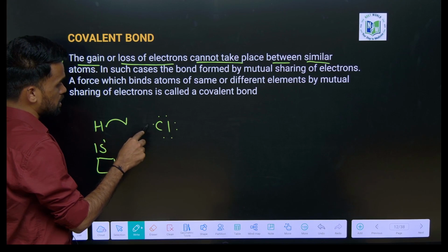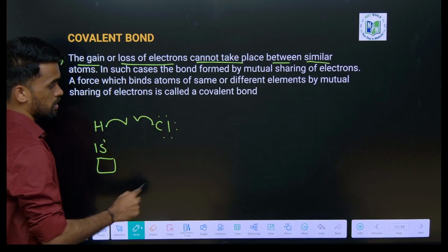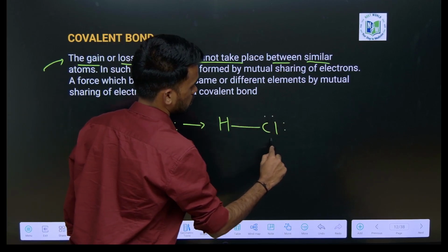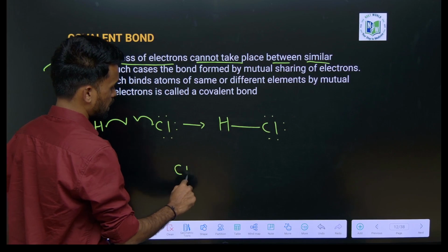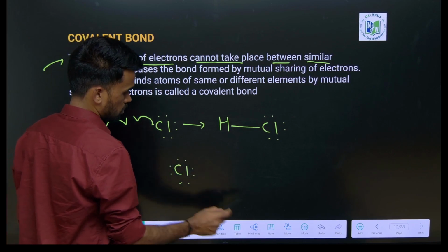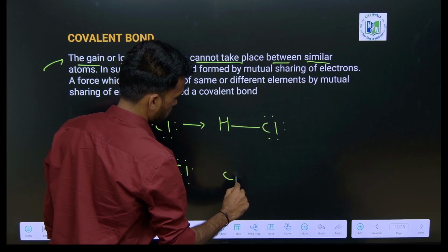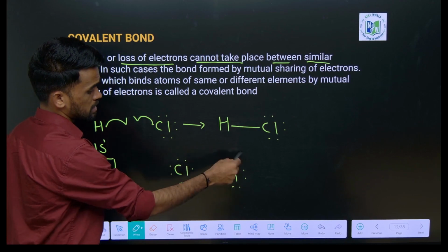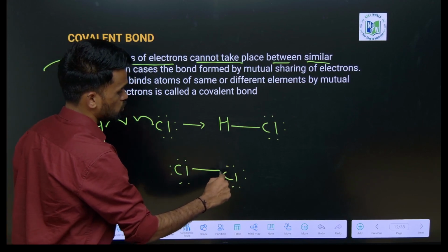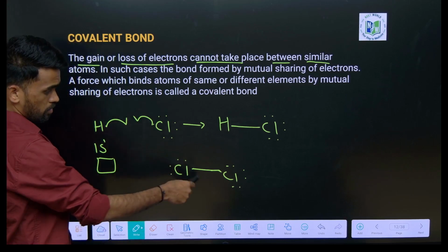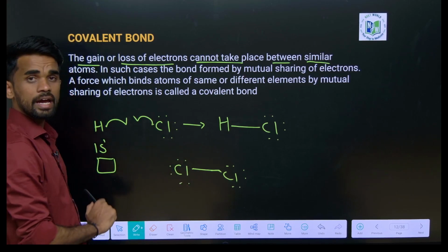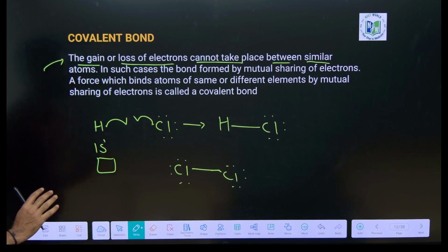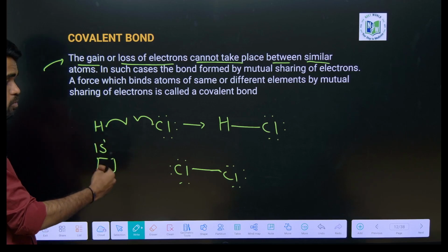Therefore these electrons are mutually shared between these two atoms, resulting in a covalent bond like this. Similarly, if we take two chlorine atoms, it is also having 7 and 7. If they mutually share one electron of both, they will get 8 electrons, which is a stable electronic configuration. I hope it is clear how this covalent bond is formed.